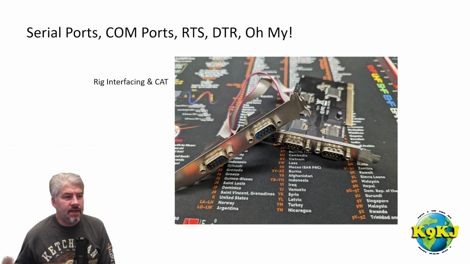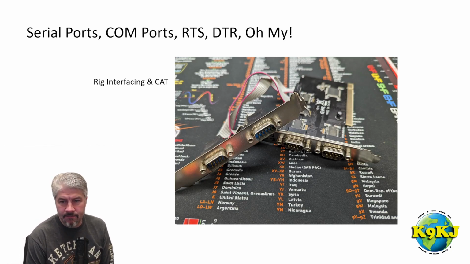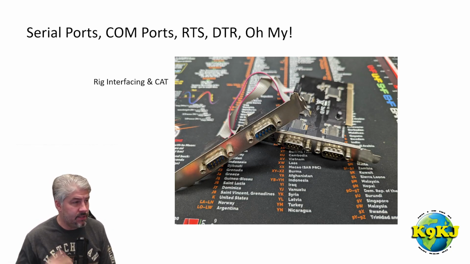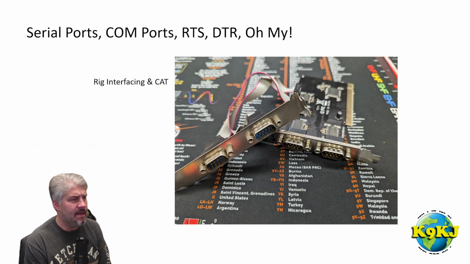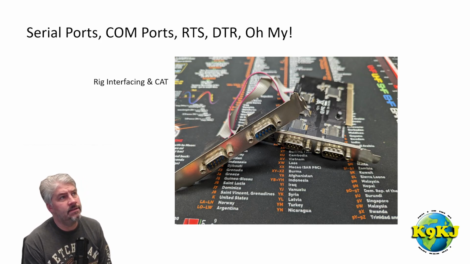So in order to connect my rigs, my trusty Yaesu 1000 MP, to a computer, I needed to do it via a serial cable. And I think I bought my first 1000 MP in 1999, I believe. And then I wound up getting a 1000 MP Mark V in, gosh, '06 maybe?